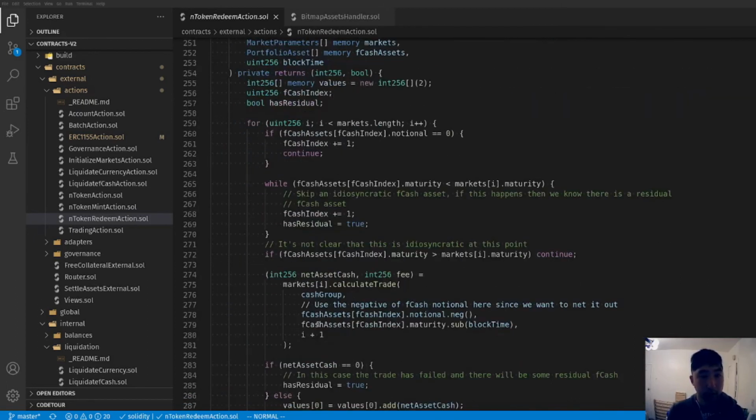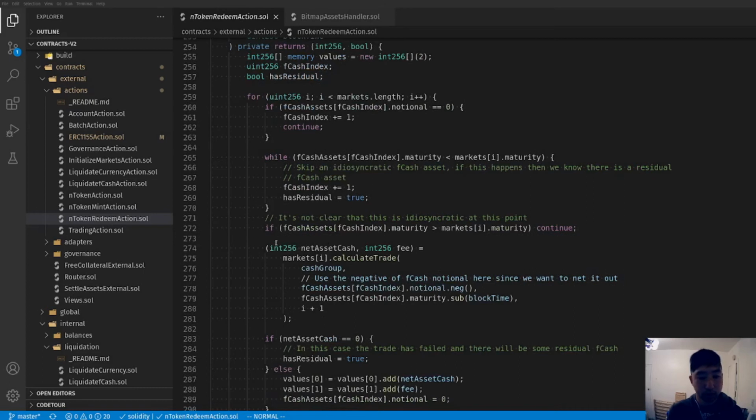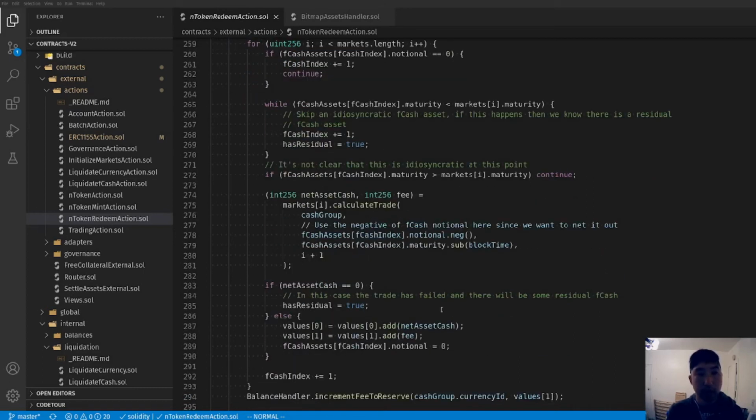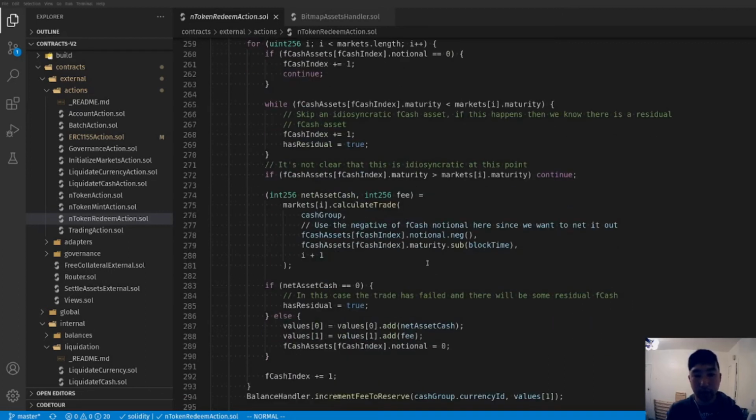And then we'll finally look at selling Fcash assets. So, you can look at this loop carefully. What is happening here is that we're going to loop through all the Fcash assets, and we're going to skip any Fcash assets that are idiosyncratic, that don't match the market's maturity that is currently being traded. And what we'll do is we'll trade the negative version of the Fcash asset.